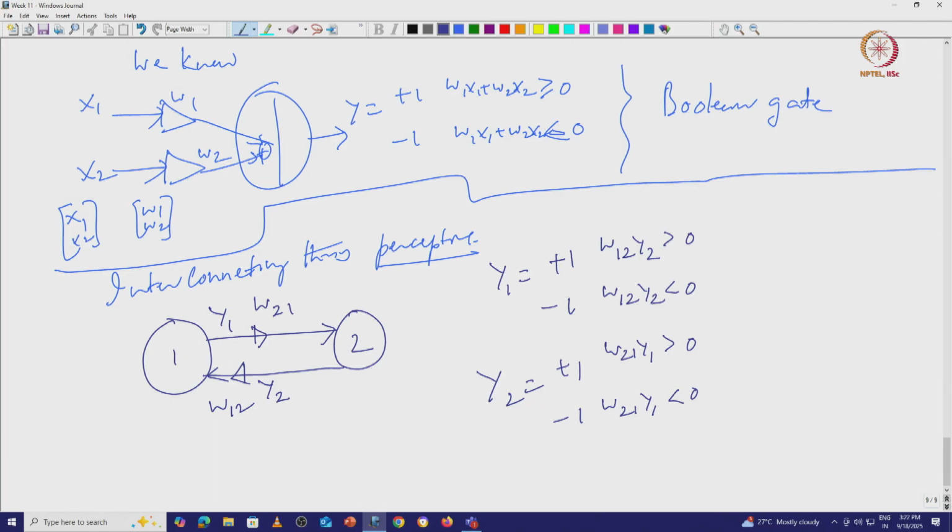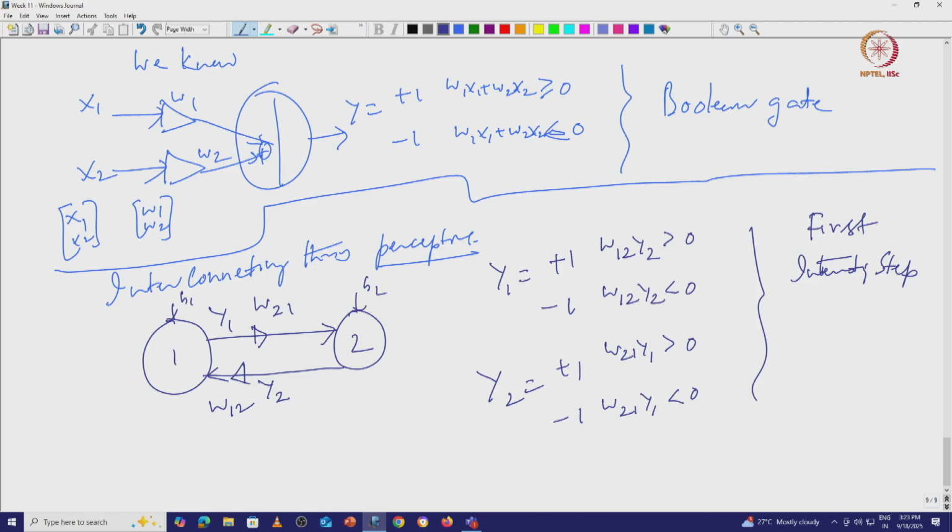This is the first interesting step. So, you interconnect perceptrons and one perceptron triggers the other, and so on, and of course, each could have a bias B1, B2 if you want to make it more general.